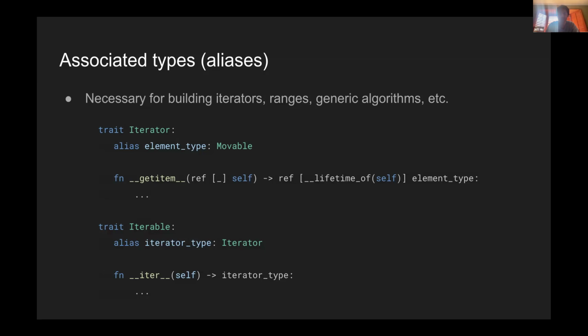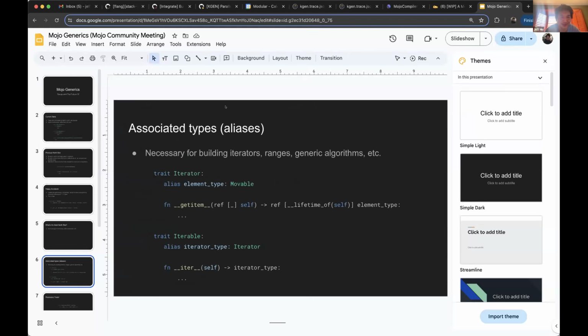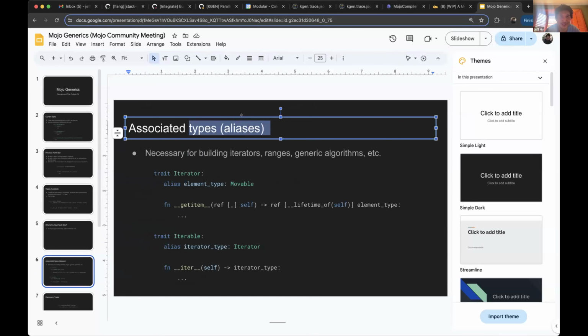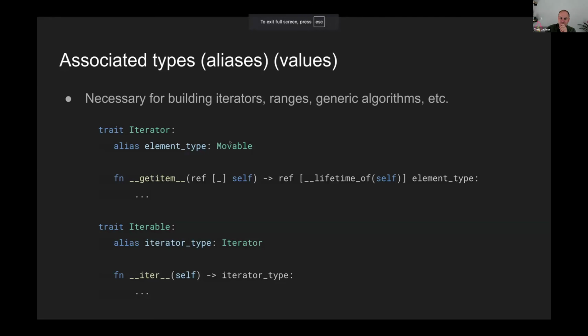Wouldn't this be more like associated values, not associated types? Because you should be able to use ints and anything here. Yes, that's why I call them associated aliases. I don't know what name we want to pick, associated alias, associated values. We can call it associated values. Regardless of what y'all decide to name the thing, it is more general than types, right?